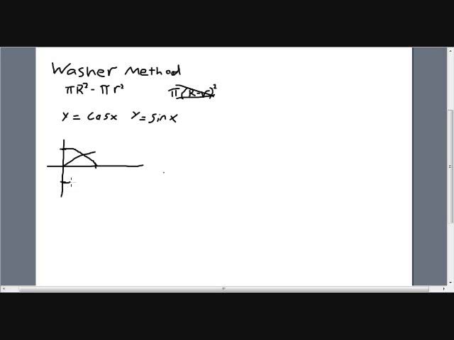The next step is to revolve the graph, both functions, about the x-axis. This creates a V-shape in between the original graph and the revolved graph.